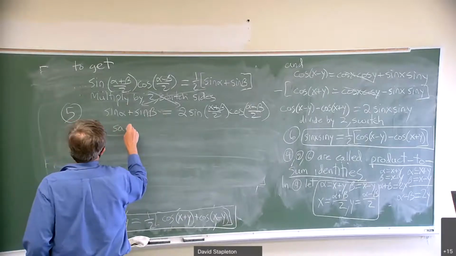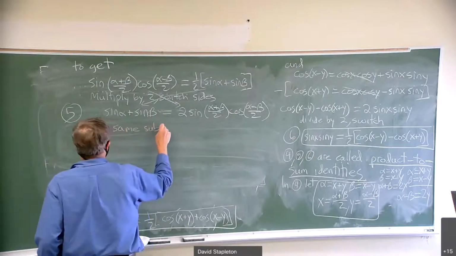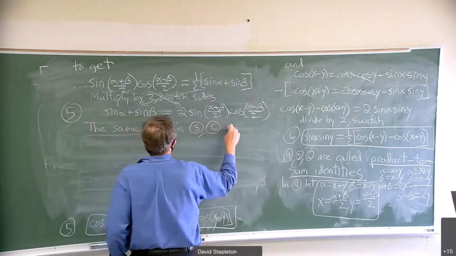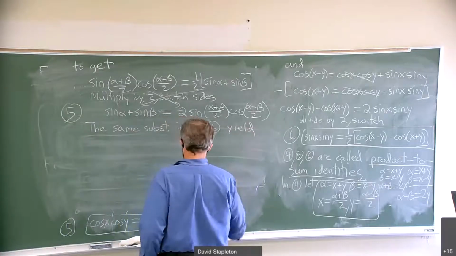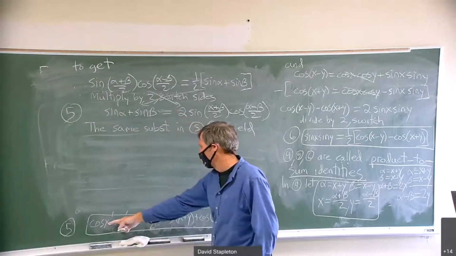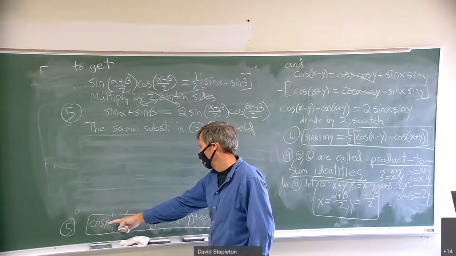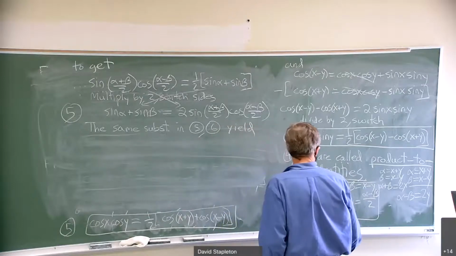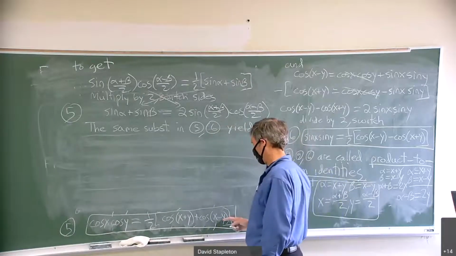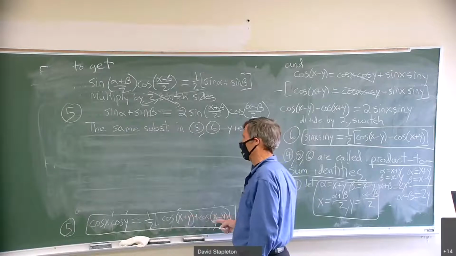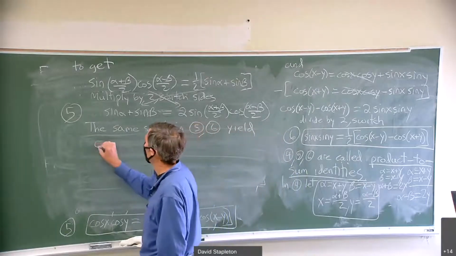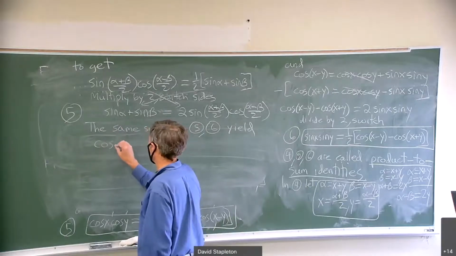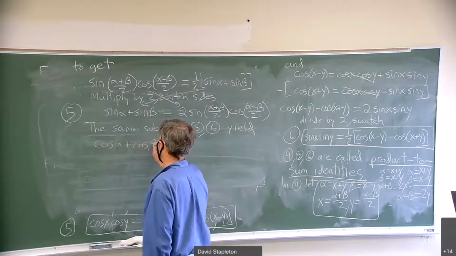The same substitution in 5 and 6 yield corresponding identities for them, right? Again, x plus y becomes alpha, x minus y becomes beta, and you get cosine alpha plus cosine beta from this one.